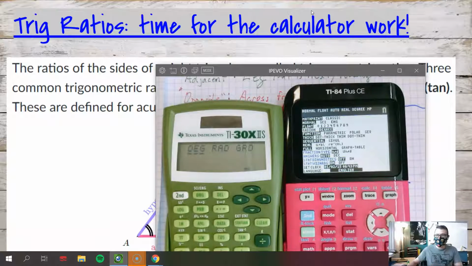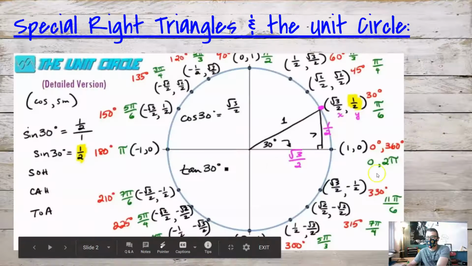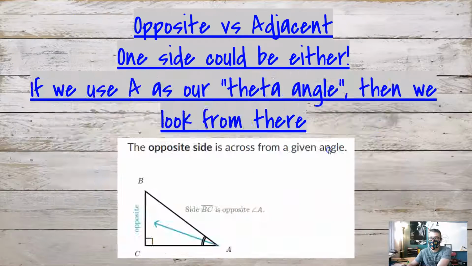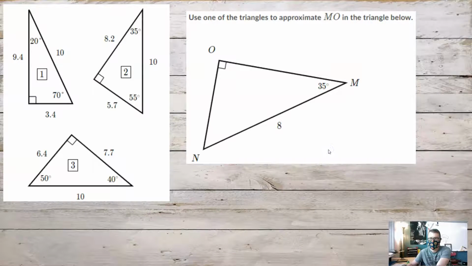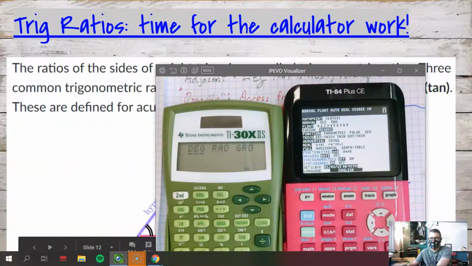Radians was that thing from the unit circle that I told you really briefly about, is the distance around that curved distance. That deals with radians. We're not doing that yet.